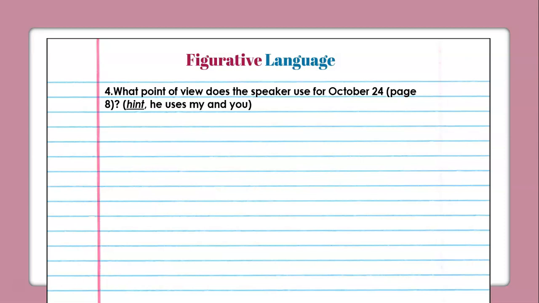So right now you're writing the question that says, what point of view does a speaker use for October 24, which is page 8? And I'm giving you a hint. He uses he, my, and you. You have 2 minutes left to write the question.